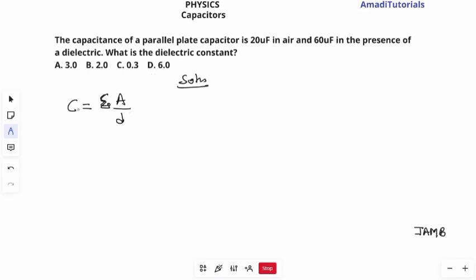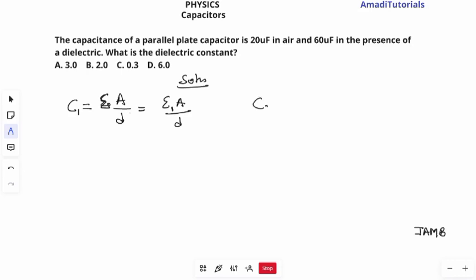Now, for the first capacitor C1, I'll write epsilon times area over the distance. I'll say this is epsilon 1 because the dielectric is different.